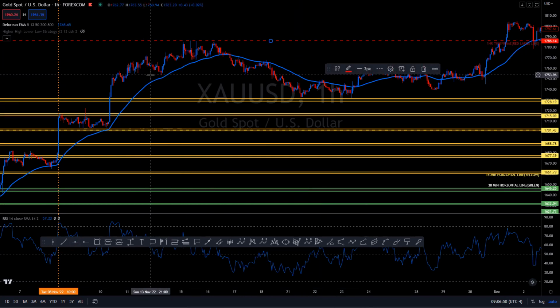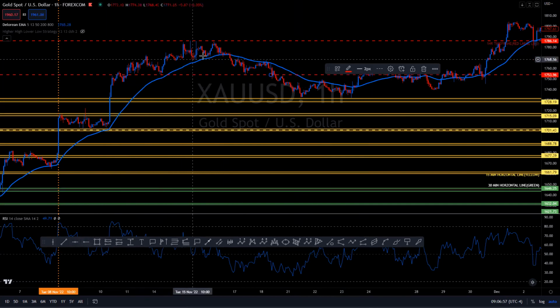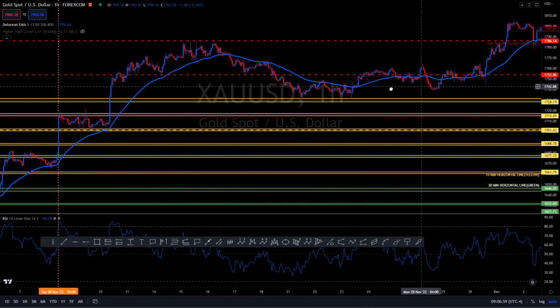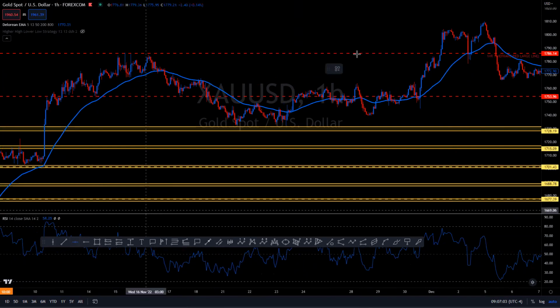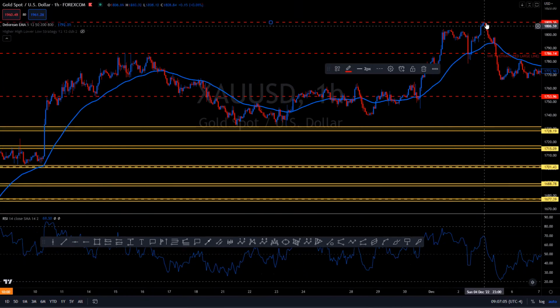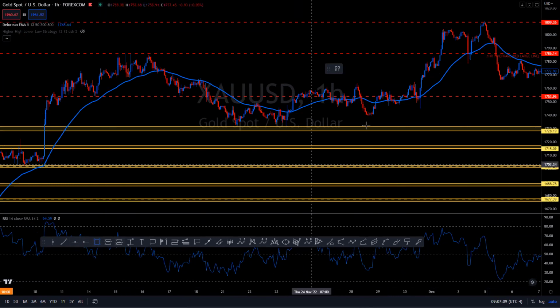Then we see that price came down to this area here, and it respected it and pushed price up, and there was a lot of consolidation. And then ultimately there was a huge supply here. That's why price rejected this area and then rejected it there and then all the way down.